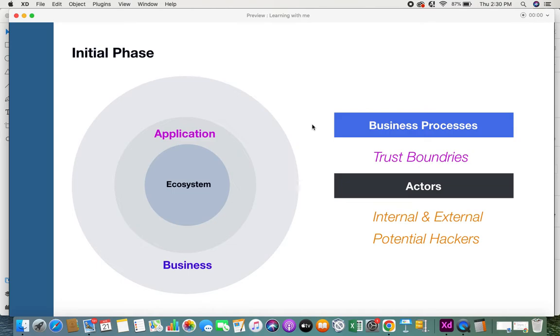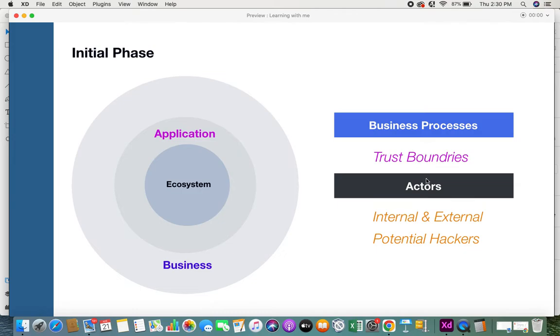You need to identify a business process based on which you'll be able to identify potential risks and vulnerabilities to the business or to the application, and that's where you would identify something called trust boundaries, which I'll cover in a different video. But based on various inputs and outputs, you'll be able to identify what level of security you as an organization need to provide to your customers and to your users.